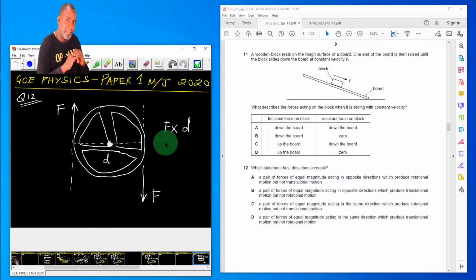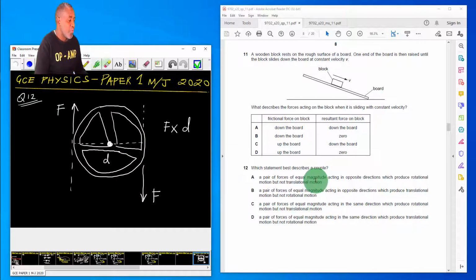Those factors are very important. Equal in magnitude, they act in opposite direction, they are parallel, and they don't share the same line of action. The line of action of this force on the right is this one, while the line of action of this force is this one. That is how a couple looks like.